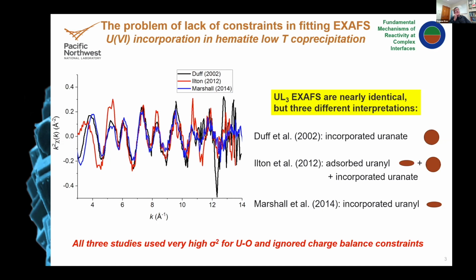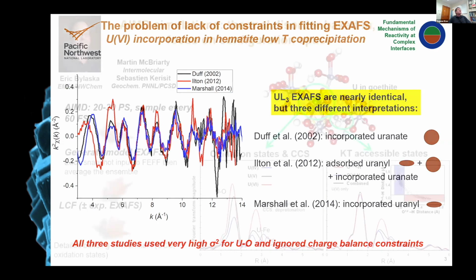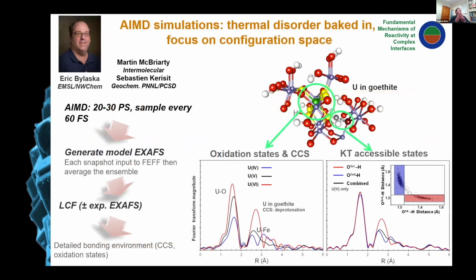It came from a group from the University of Manchester, who said that Duff and Ilton got it all wrong. So I'm an experimentalist, and I called in the cavalry, and the cavalry is basically theorists in this case. I want to call out Eric Bylaska in particular.